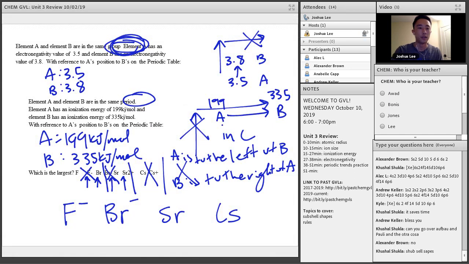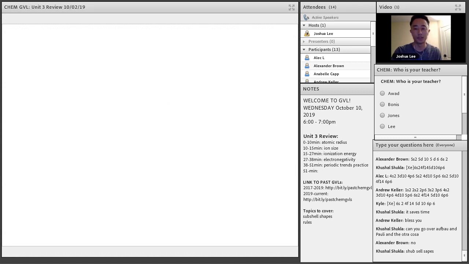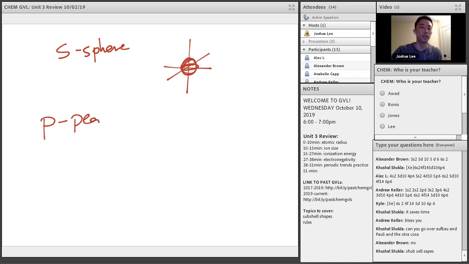So, subshell shapes. S represents sphere, and it's three-dimensional. It's hard to draw three-dimensionally, but you're drawing a sphere. P is for peanut shape, and in all three axes.